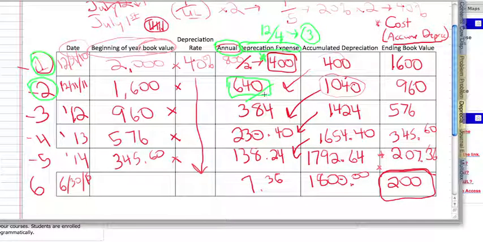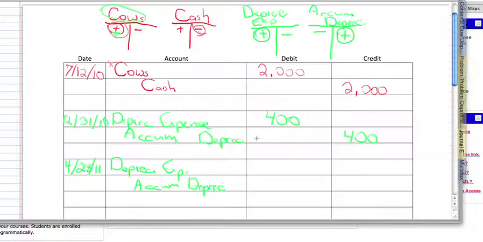And so I'm going to divide this thing by 3. And that's going to give me $213.33. That's the amount I'm going to use to bring the depreciation up to date. $213.33. Okay, so that's step 1.